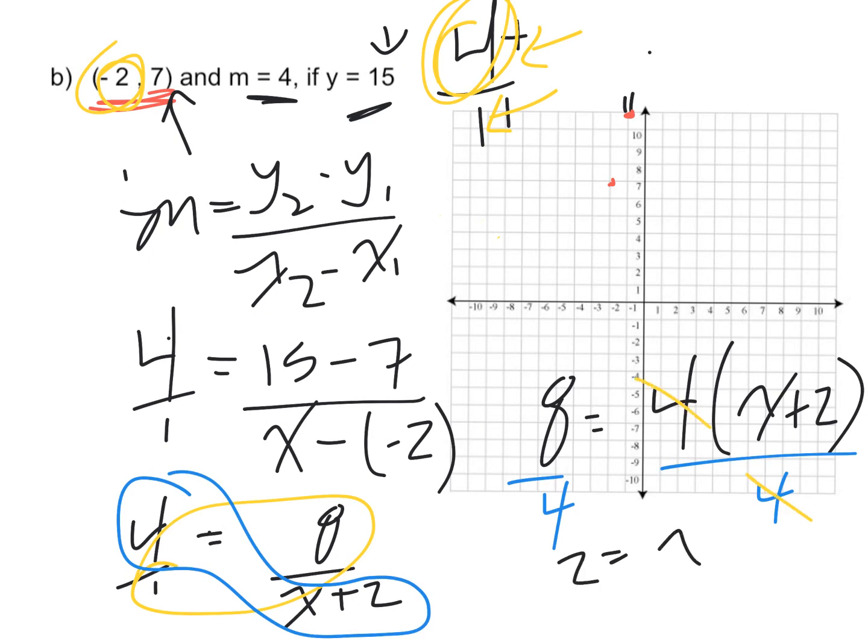I'm left with x plus 2. What's the opposite of positive 2? Negative 2. What's 2 minus 2? Oh my goodness, 2 minus 2 is 0, so therefore x equals 0 with the algebraic method as well. So that's how you can find the missing value using graphing, m equals y2 minus y1 over x2 minus x1, or by just applying the slope.